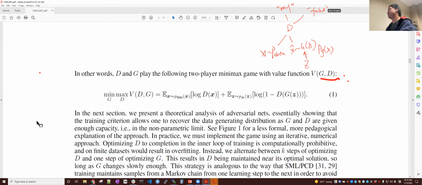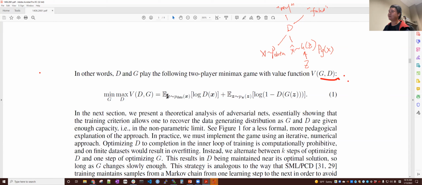So the framework looks like this. Our first task for the training is to maximize the value of this equation.